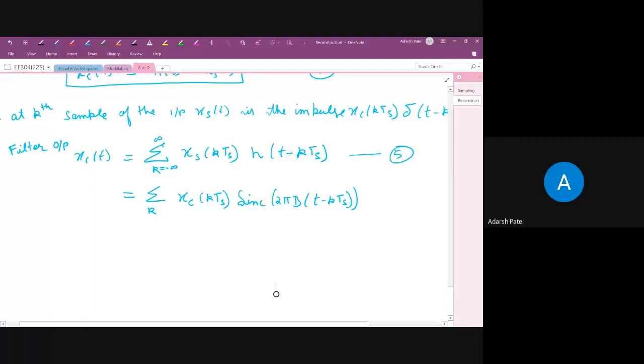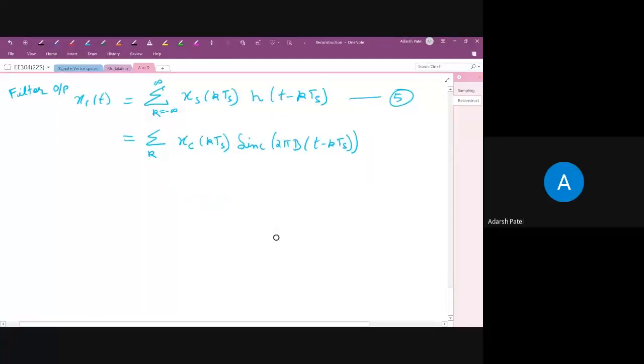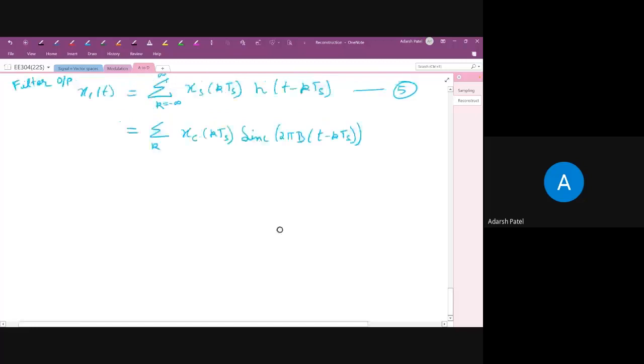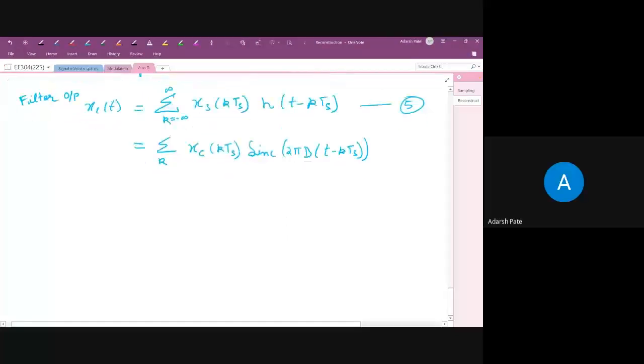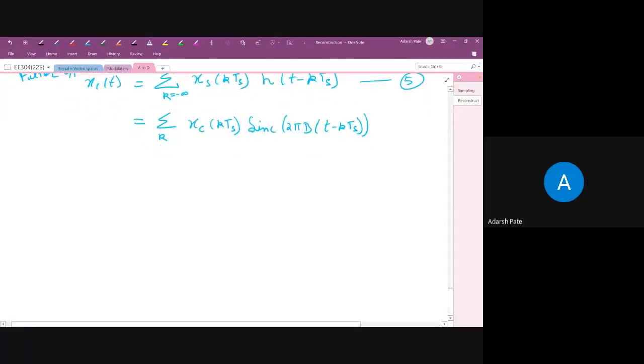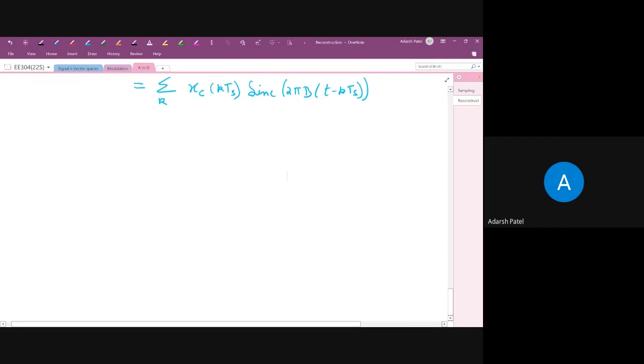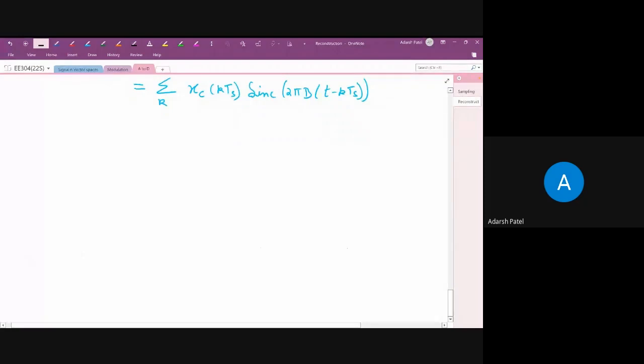Okay. So now if I want to draw this, if I want to see this reconstruction, how does it look? The value of the signal at x_c(kT_s) is being convolved with the sinc function. Effectively, it will be the summation over the terms.